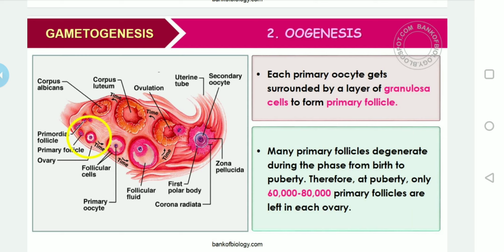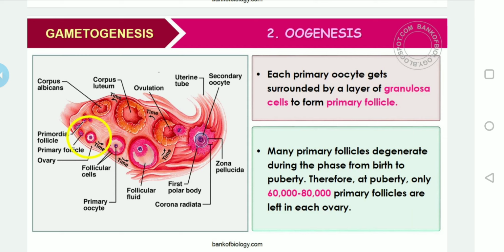A large number of follicles degenerate during the phase from birth to puberty. Therefore, at puberty only 60,000 to 80,000 primary follicles are left in each ovary. Did you get it?